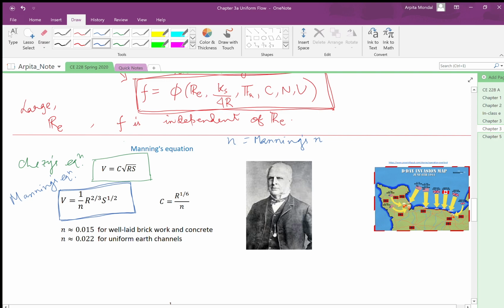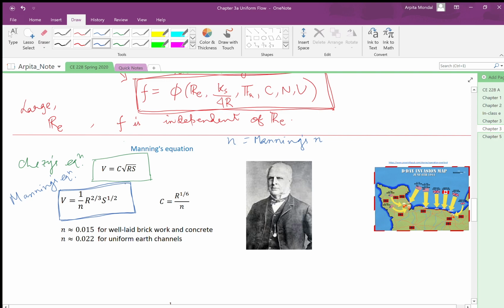And if there is one single concept that I want you to retain in this course, if you can afford to forget the other topics that we talk about, although you really should not, if I have to pick one idea from this course which you cannot afford to forget for the rest of your careers as civil engineers, it would be Manning's equation.